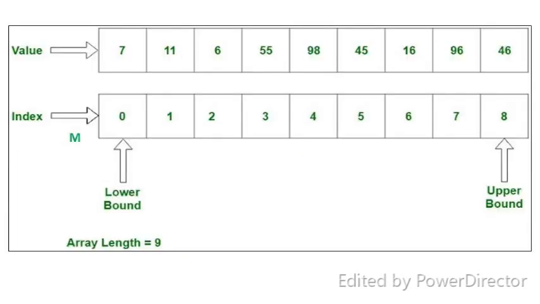Have a look at this real example of how an array is represented in memory. In this illustration, 0, 1, 2 up to 8 are referred to as subscripts or index, and they help in both input and output of the array elements.